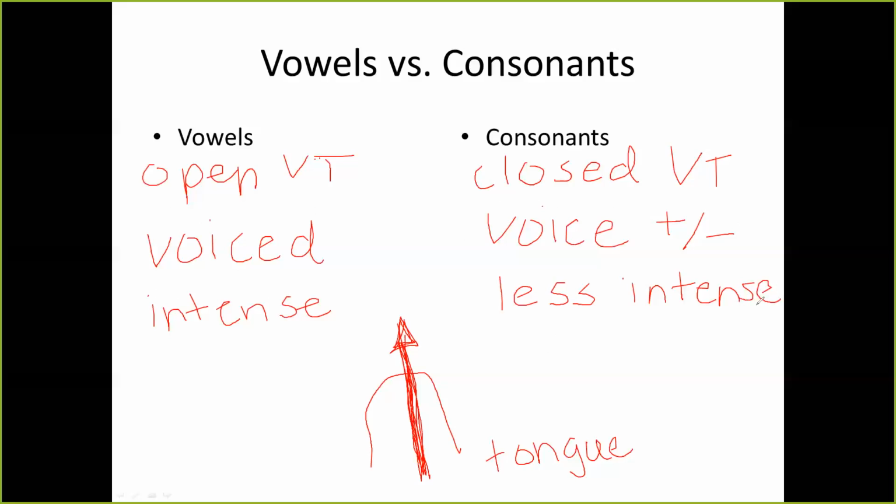Okay, so vowels are a little bit louder, and we also say they're more sonorous. And our consonants are going to be less sonorous. And what I mean by sonorous is a little difficult to explain. You can think of it in a way as musical.